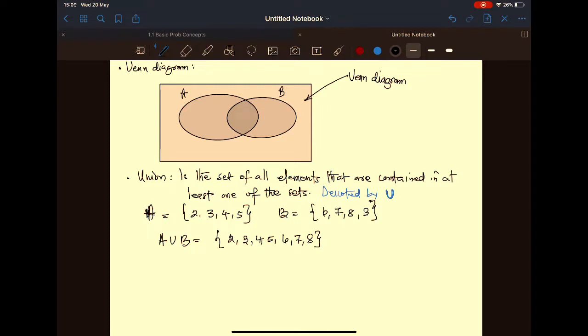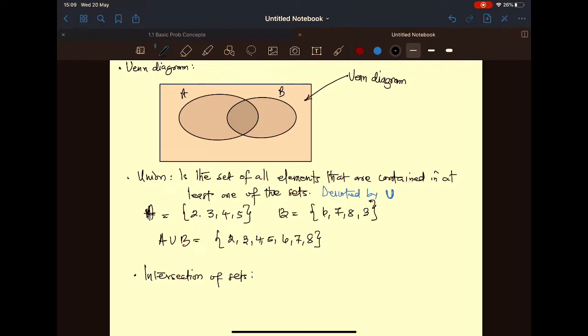This can happen for more than 2 sets. Yeah, so that is basically it for our union. Now, another interesting concept we should also know is the intersection of sets, right?